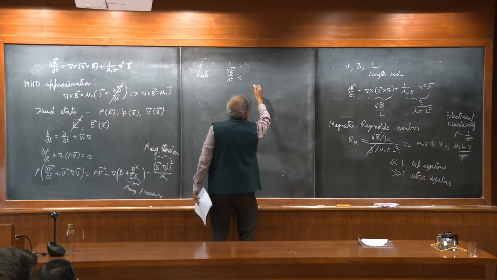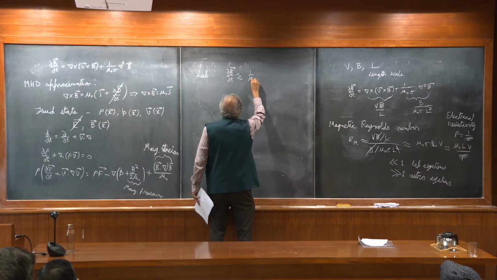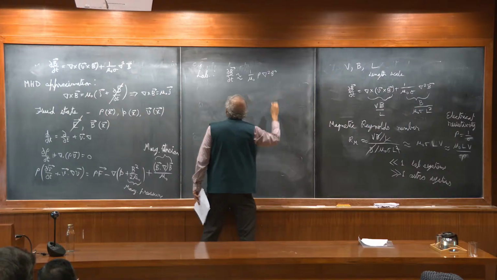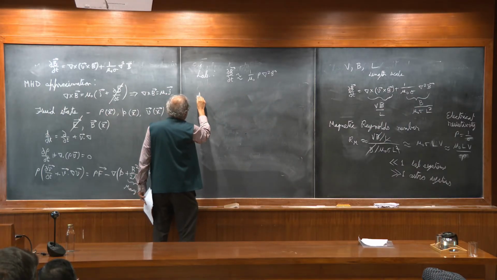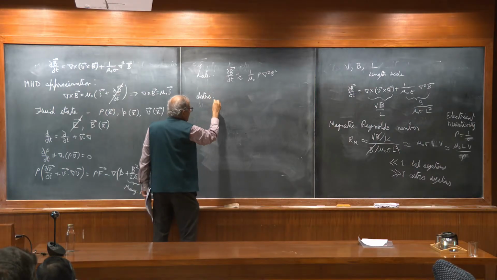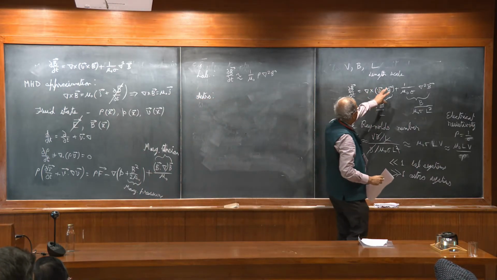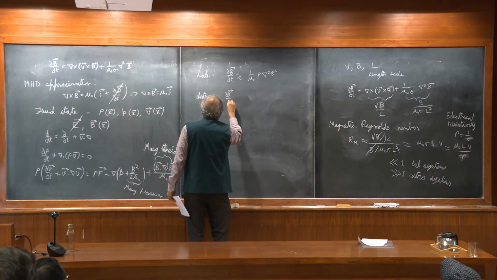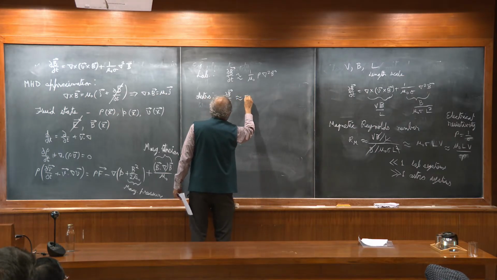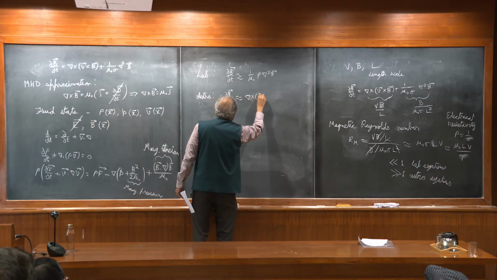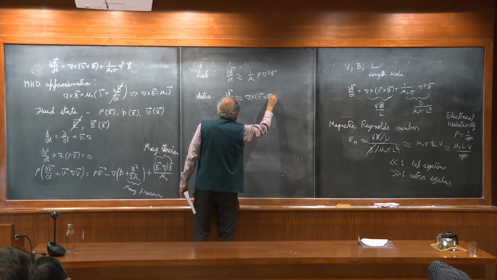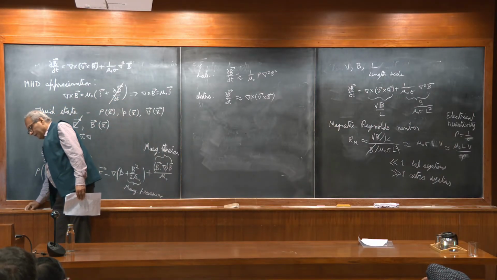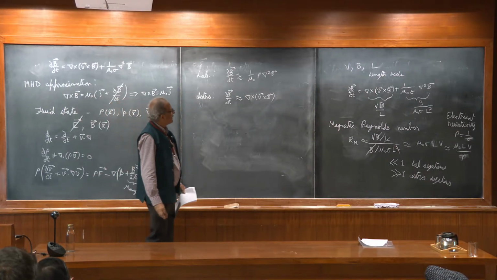So the dominant term is approximately 0, and rho del square V. And in the astrophysical situation, you find that this other term is the dominant term, so we can write it in this fashion. That is why we find that the magnetic field often behaves very differently in laboratory plasmas and in astrophysical plasmas.